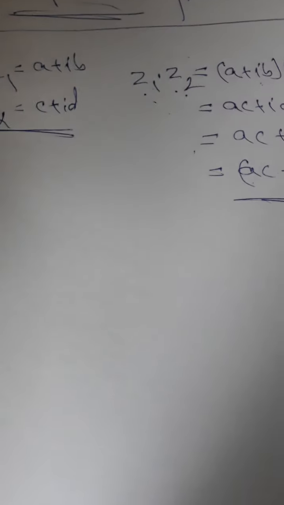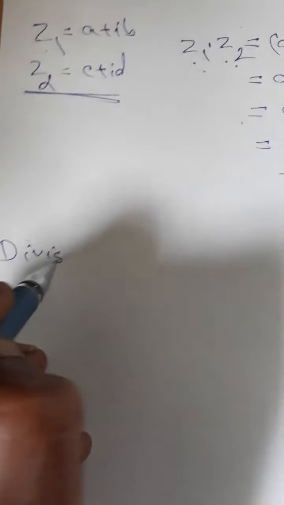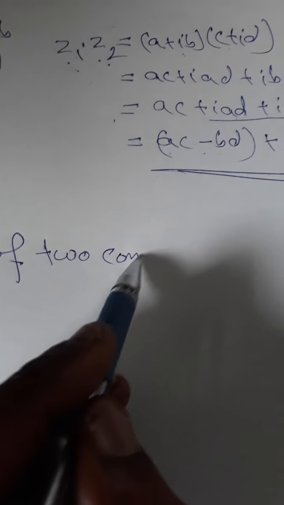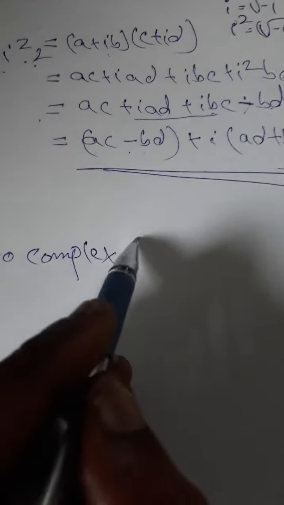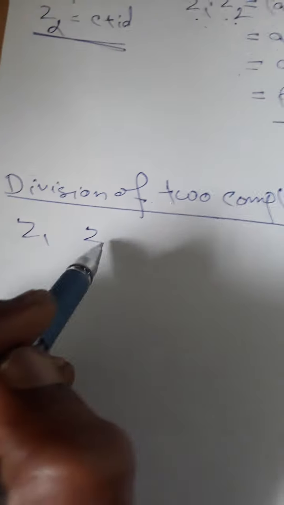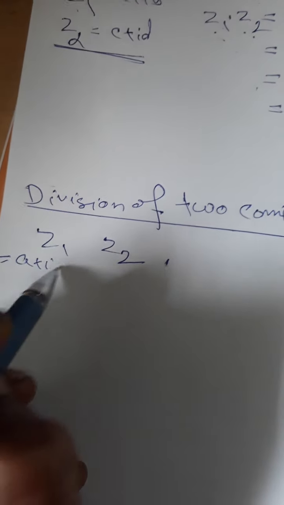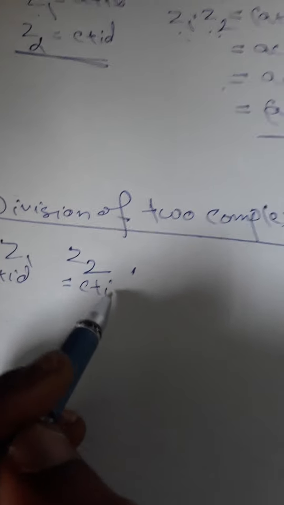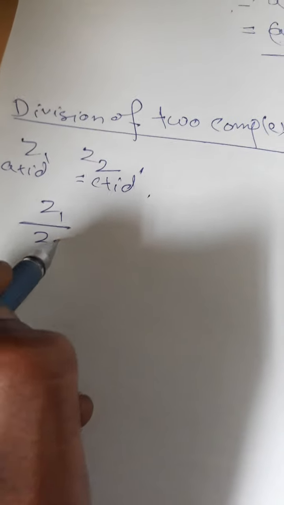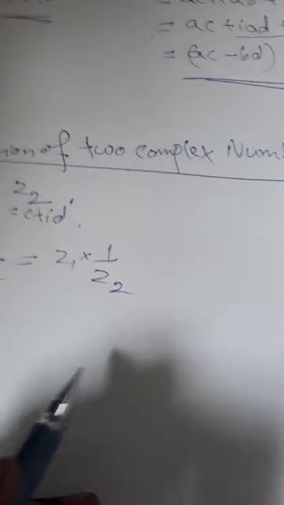Now about the division of two complex numbers. Here if z1 and z2 are any two complex numbers, say z1 is a plus ib and z2 is c plus id, then z1 divided by z2 is found out by z1 multiplying with 1 divided by z2.